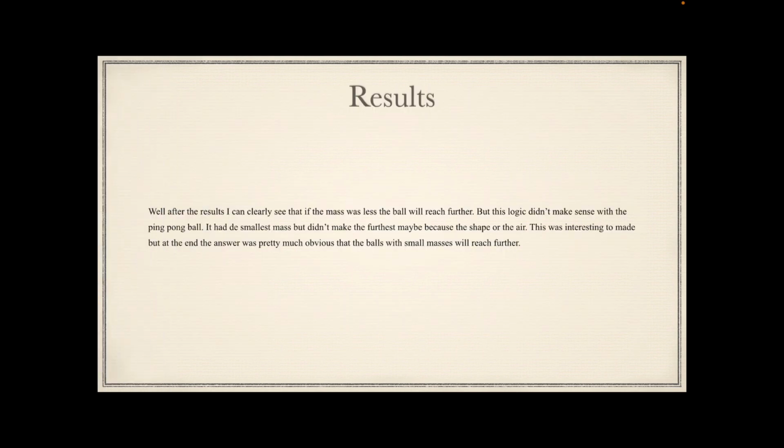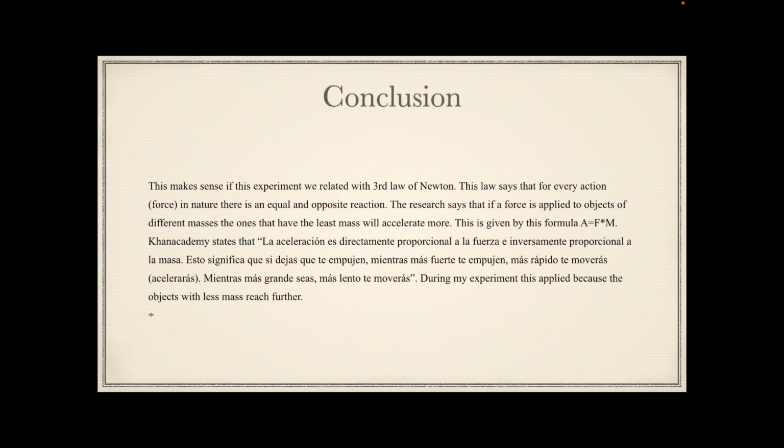I'm guessing it's because of the shape and also the air that was slowing it down. This was interesting to me, but in the end the answer was pretty much obvious, that balls with small masses will reach further. So in conclusion, this makes sense.